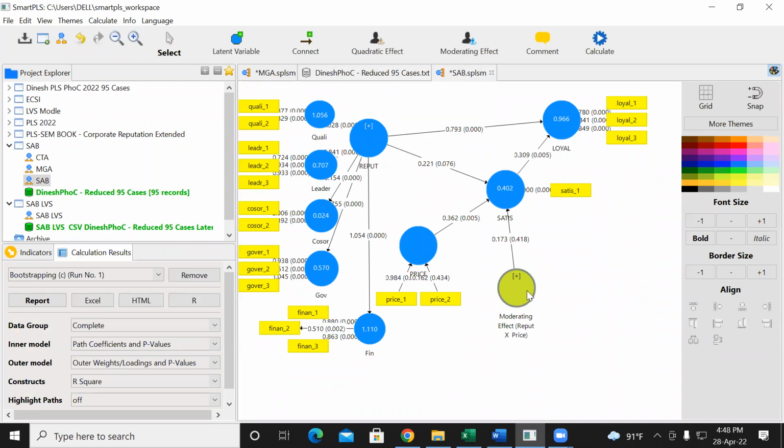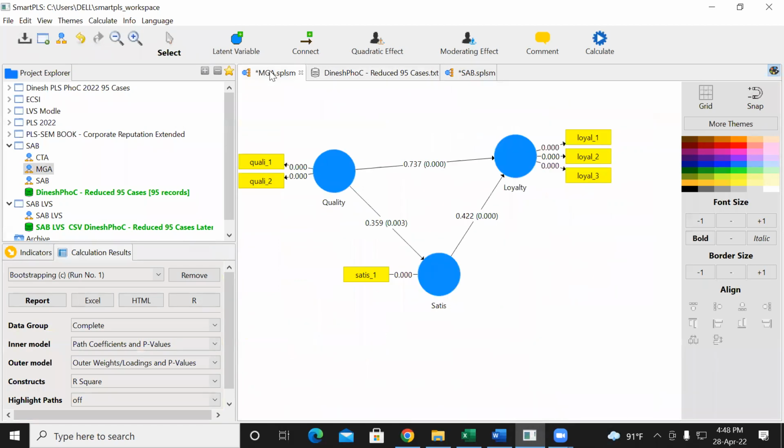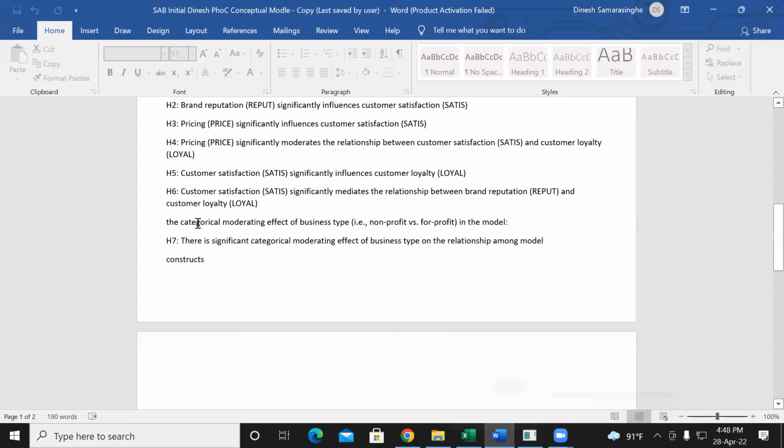But when you are having a continuous type of variable, you can create a moderate effect here. But for categorical also, you can do it. But we call categorical moderation, you can present more comprehensively using this multi-group analysis when you're having nominal variables. But both approaches are possible, right? That's why I want to know the categorical moderating effect of business type, not-for-profit versus for-profit, in the model.